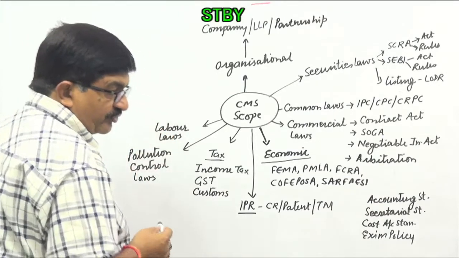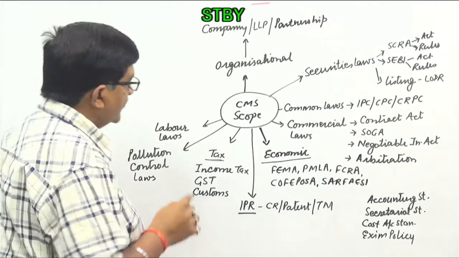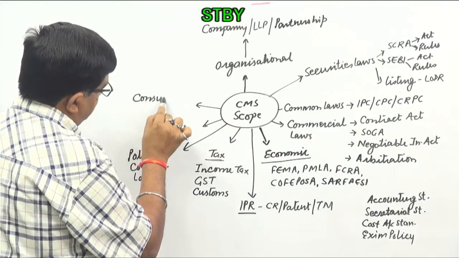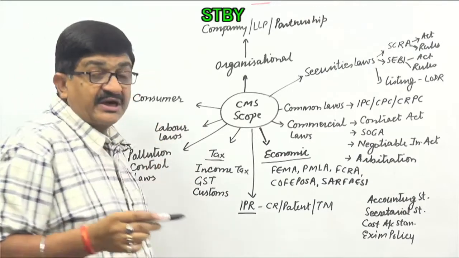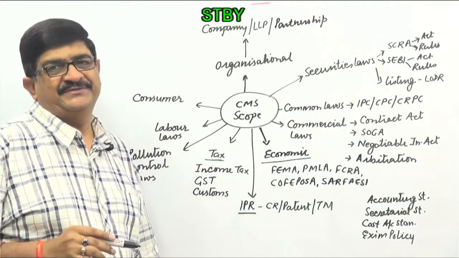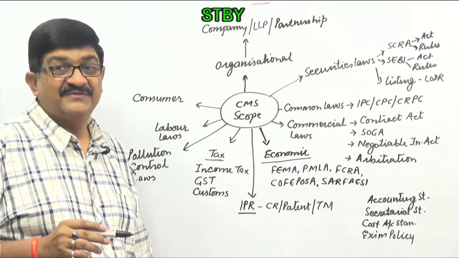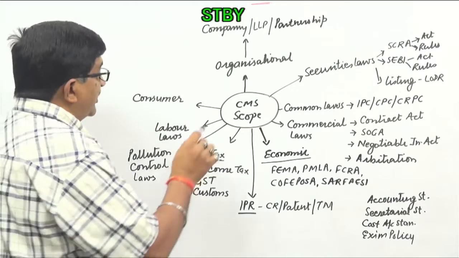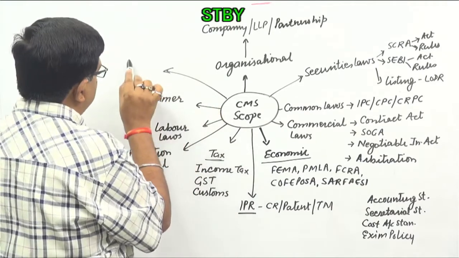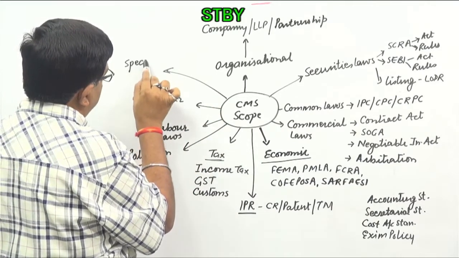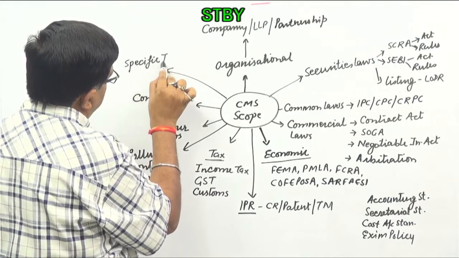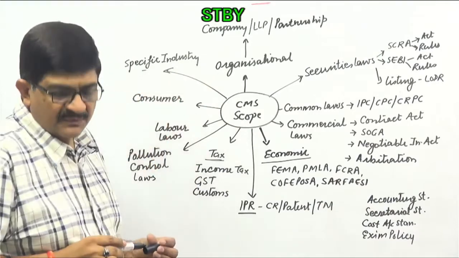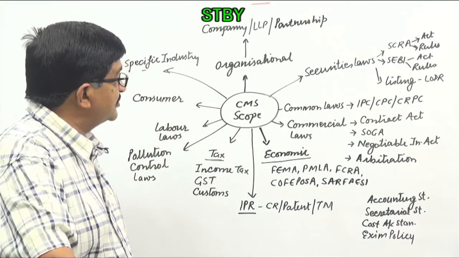After that comes consumer laws. Consumer Protection Act, just one example. Then so many industry laws are specific industry laws. Now, other than these laws, this is not the exhaustive list.